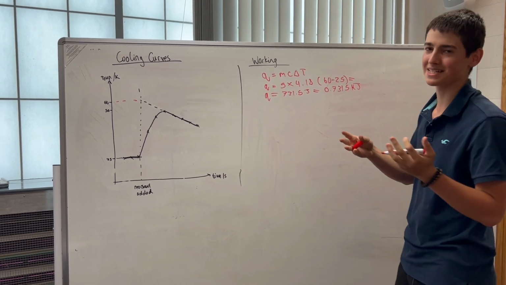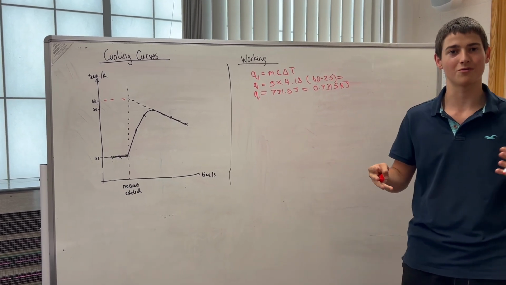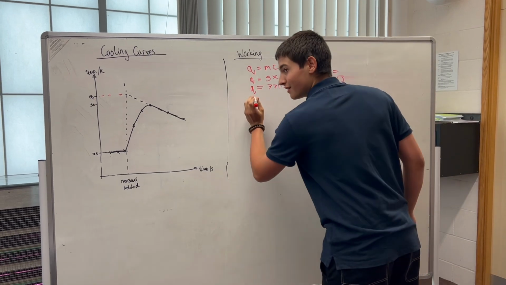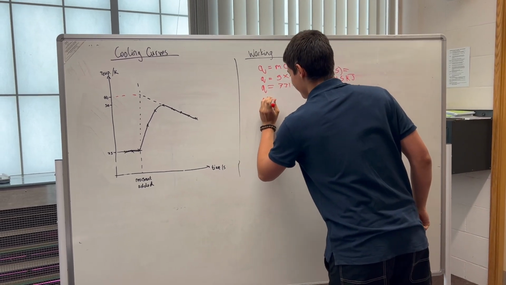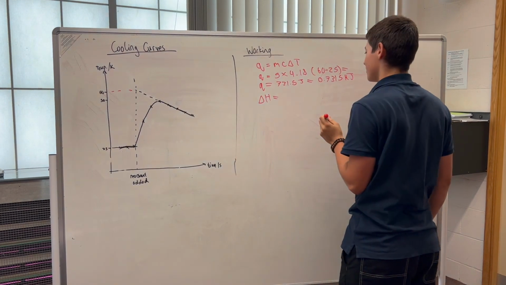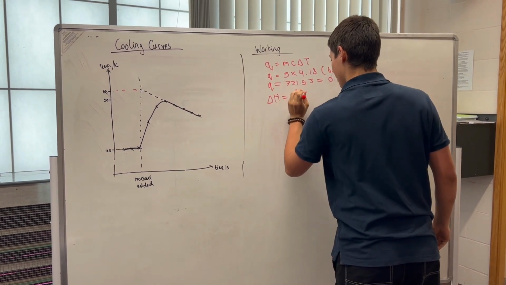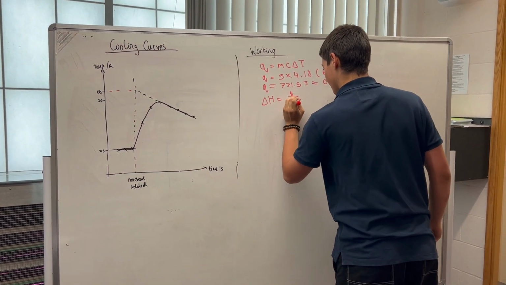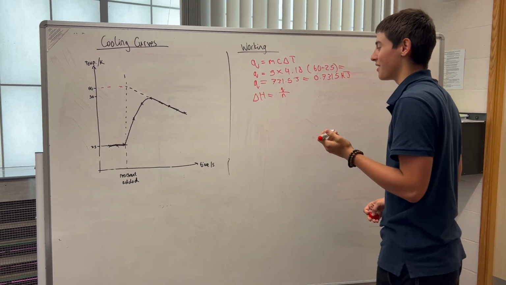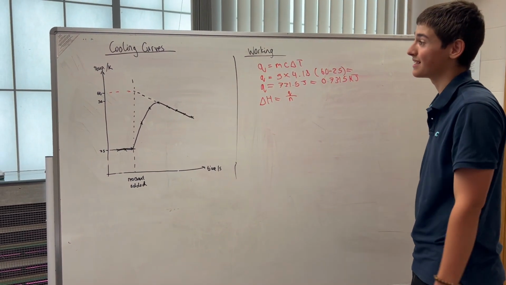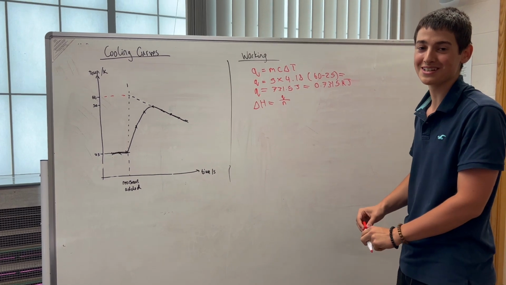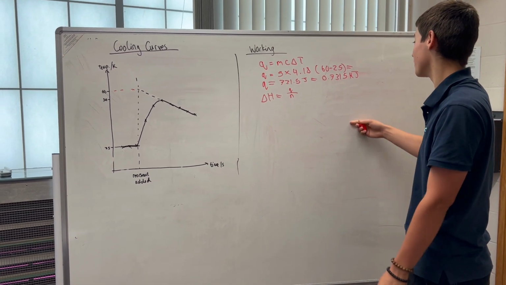Then we get to the important part, which we've done all this work for, which is our delta H. That is equal to Q over n. We don't have our moles because we haven't put it into anything, which we probably should have prepared for a bit more, and I apologize about that. But we would put in our value.